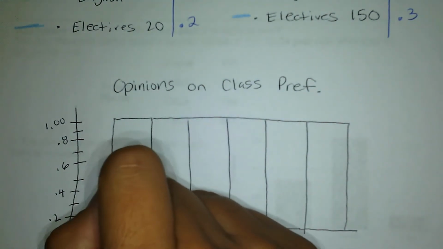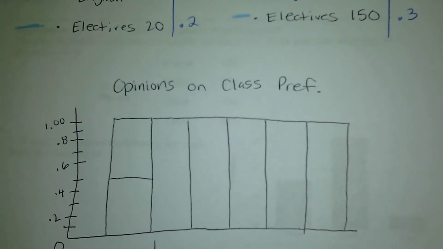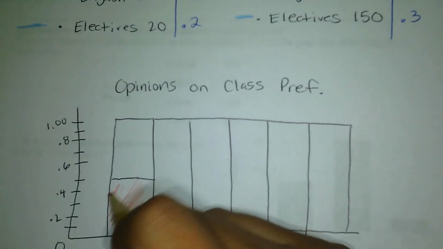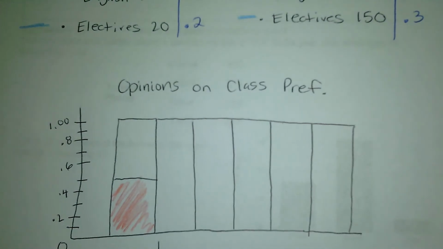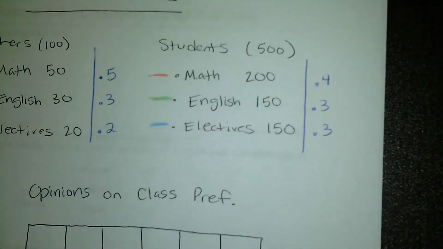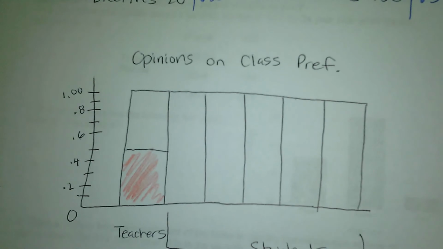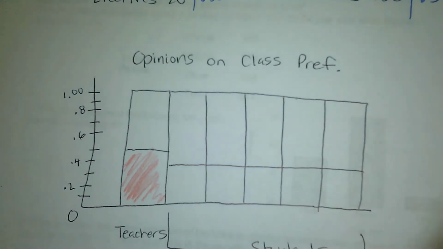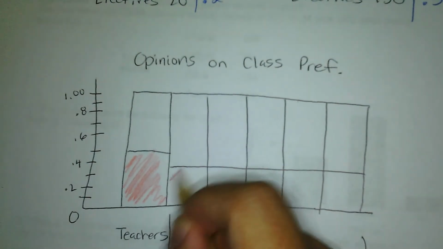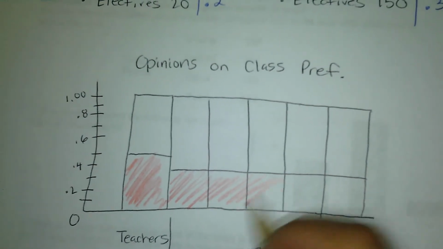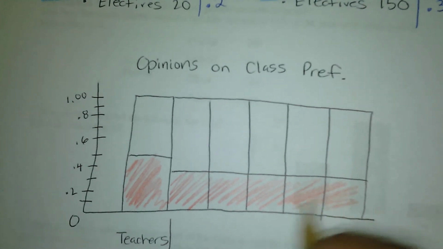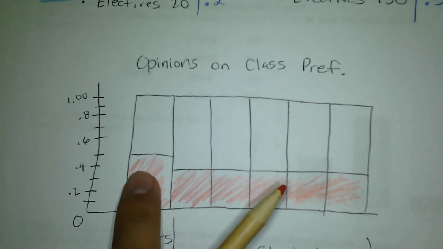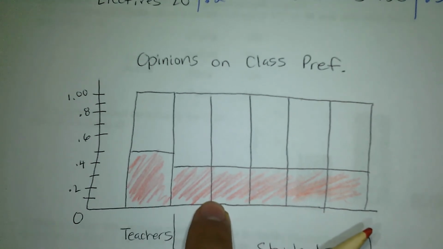So I would put the bar there at 0.5 for my mathletes, something like that. Whereas for my students, only 40% of the students sampled really preferred math. So I would put their bars down here. And again, see, we're still comparing the same type of categories, so the color is going to be the same, but I can see that a higher percentage of teachers preferred math compared to students.